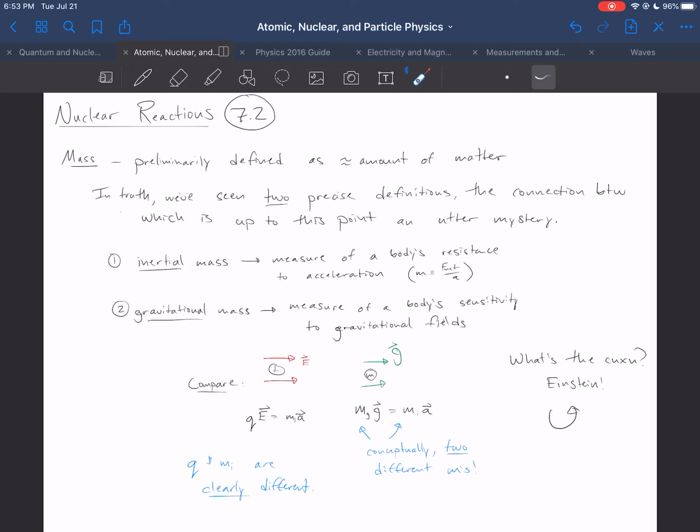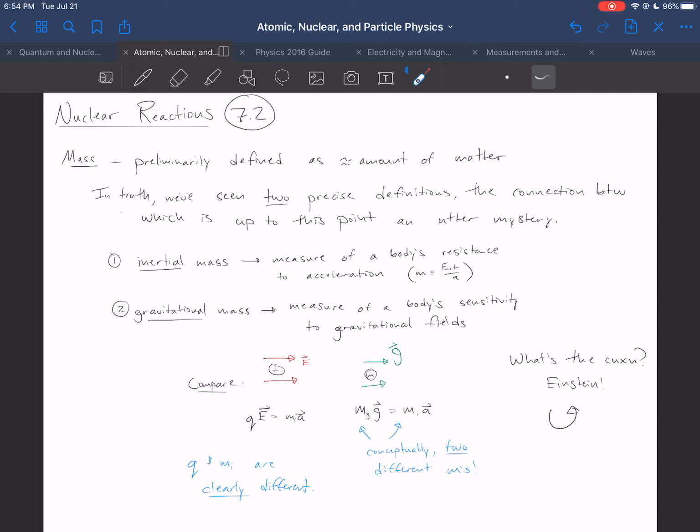To see that these are completely different, separate ideas which turn out to be the same number is an important idea here. As far as we know, they are exactly the same value, which is a little bit strange.